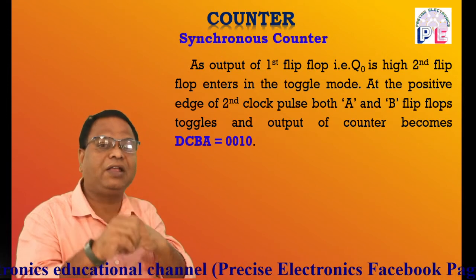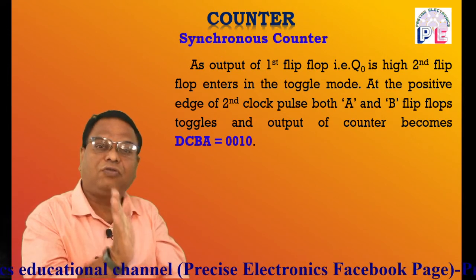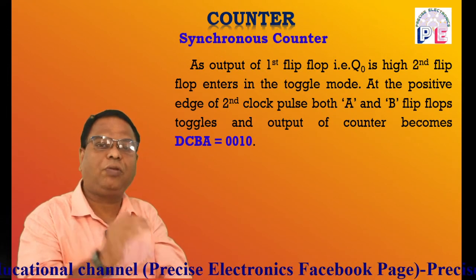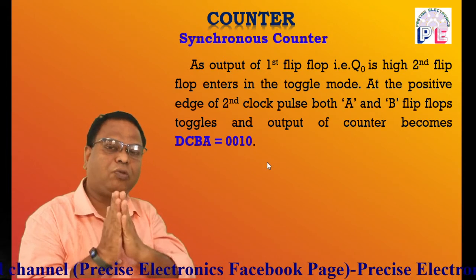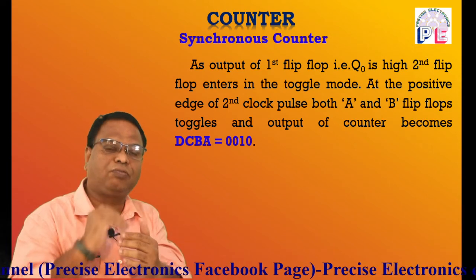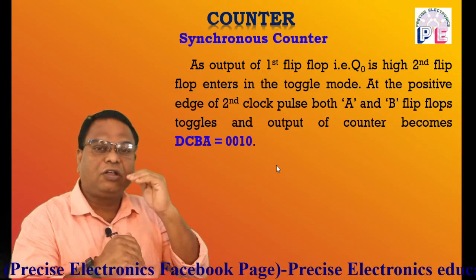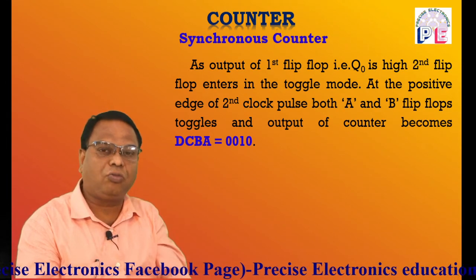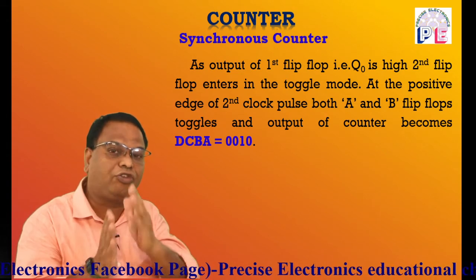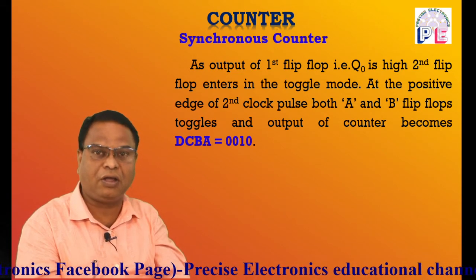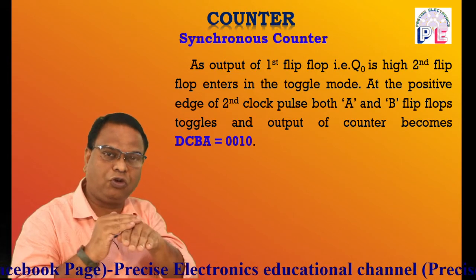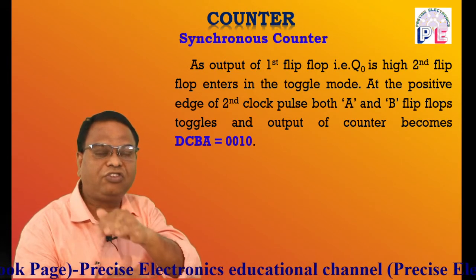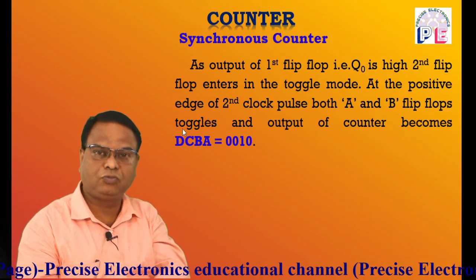So before applying a second clock pulse, the second flip-flop, that is B flip-flop, is already in toggle mode because the output of first flip-flop is high. The first flip-flop is in set mode. The second flip-flop is in toggle mode. So when the positive edge of the second clock appears, the output of A changes from 1 to 0, but the output of B changes from 0 to 1.